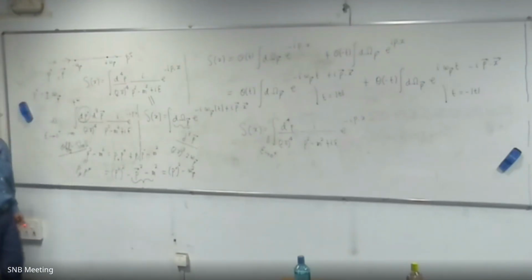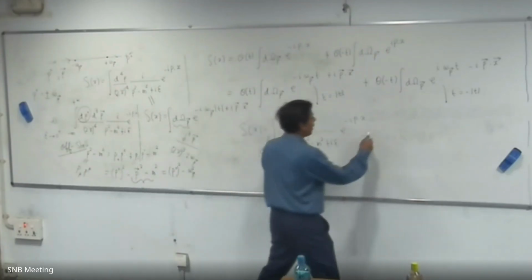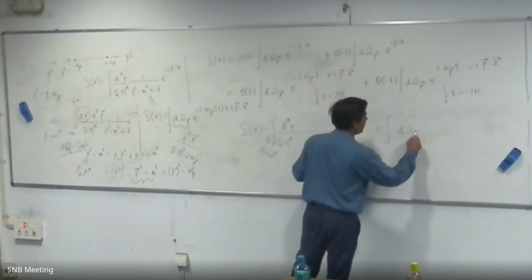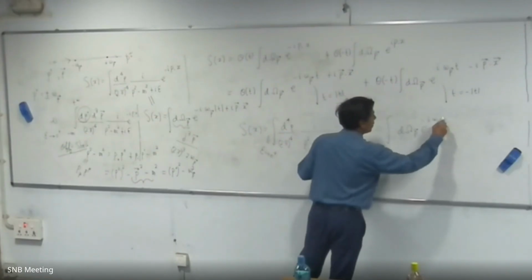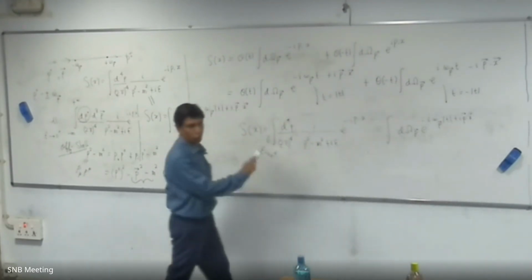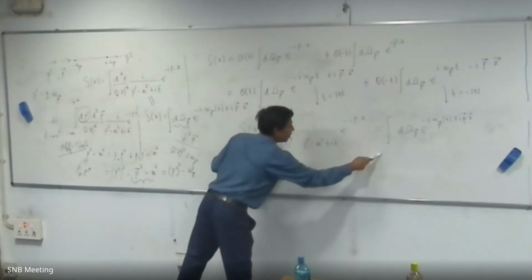Is that clear? So I have shown that S(x) is equal to this, and because we have already calculated this, it is basically the integral d omega p e to the power of minus i omega p plus i p-vector dot x. You know this already. We have shown that. We have done a reverse engineering to come from this to this.